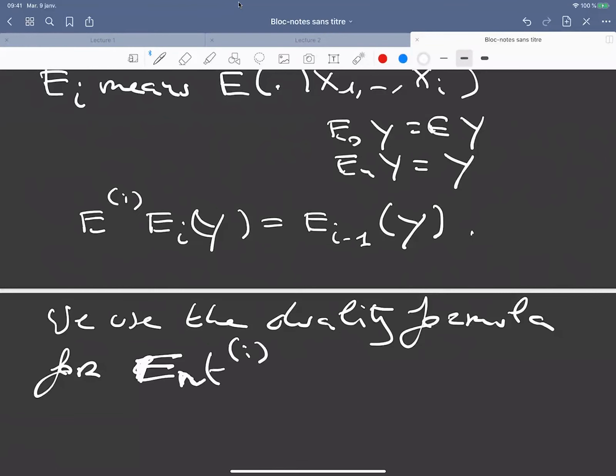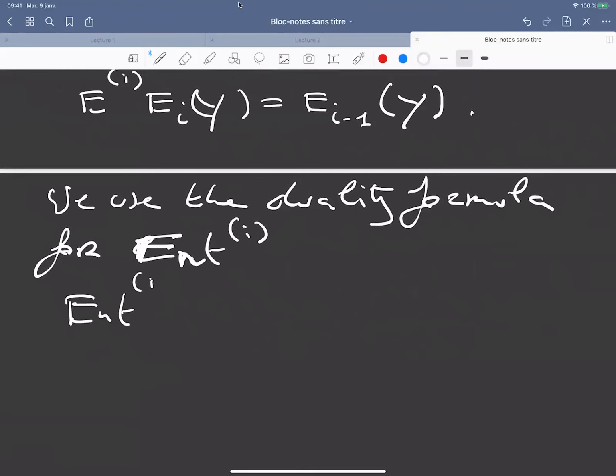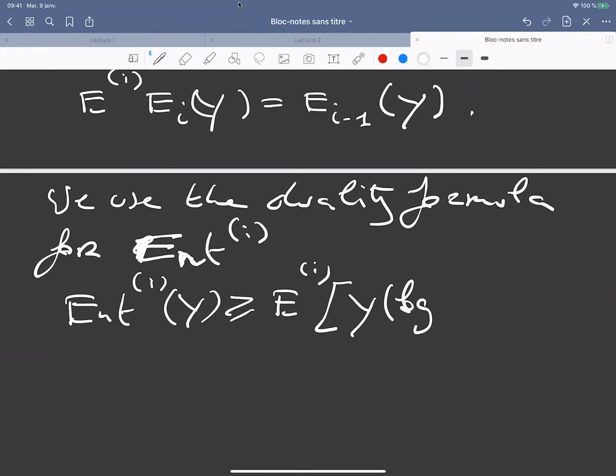And if you use it conditionally, this means that the conditional entropy of y has to be larger than the conditional expectation of y times the log of t minus the log of the expectation bracket i of t. And this has to be true for all t.